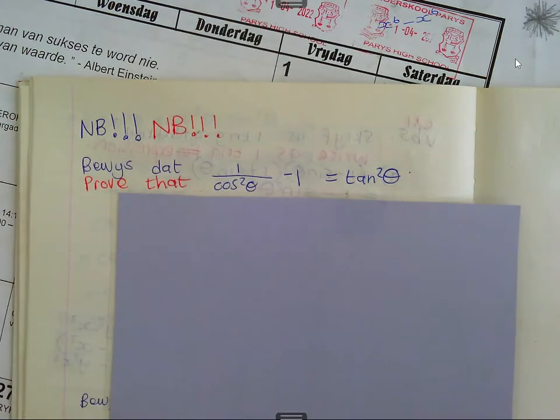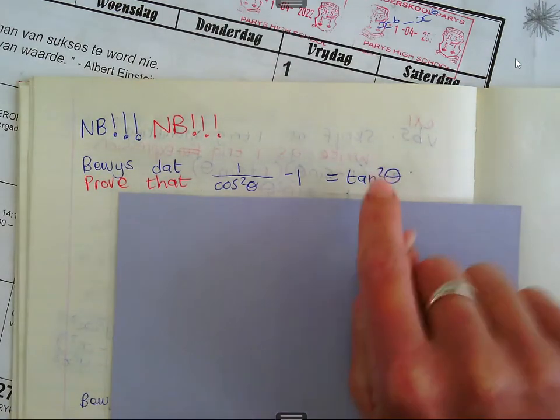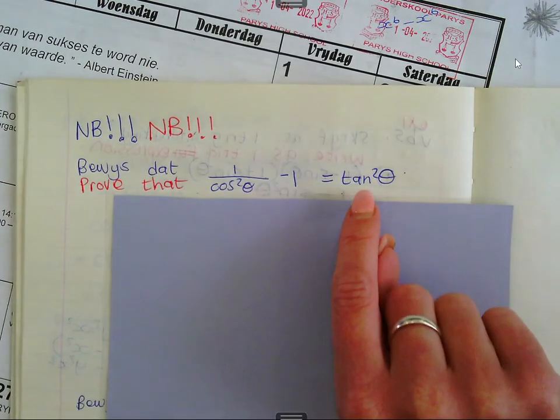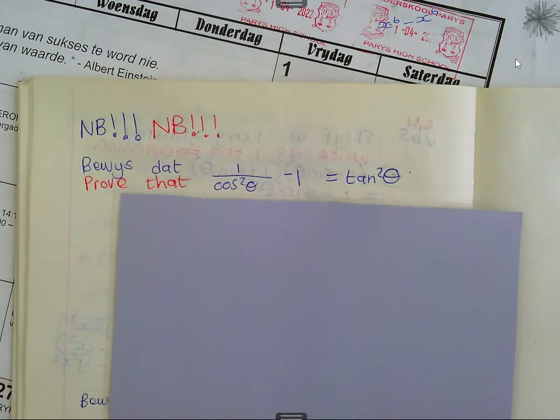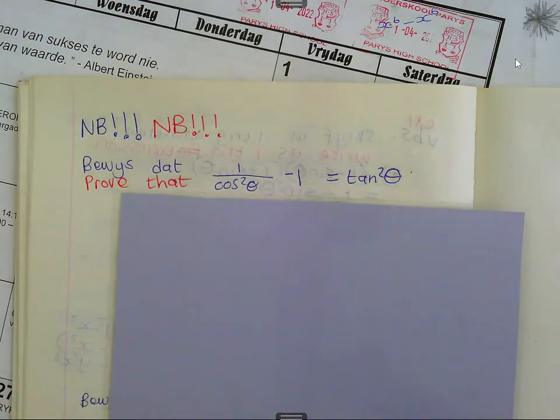Now when I look at the left side, this is the problem with the identities. There are many things that can happen. But look at the right hand side. The right hand side is one term, where the left hand side is two terms.